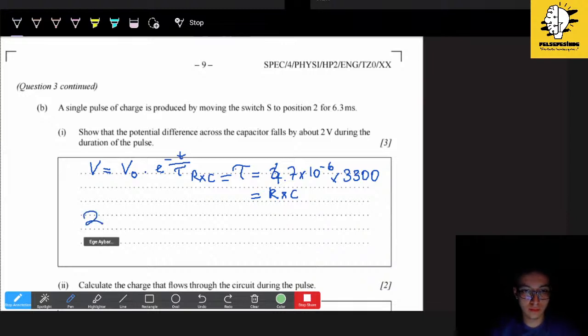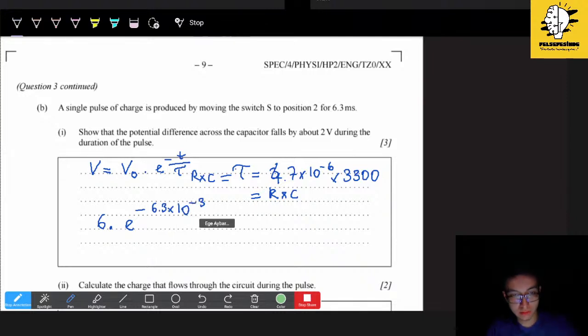This is going to be 2. Sorry. Wait a second, please. All right. 6 times Euler's number to the power of minus 6.3 times 10 to the power minus 3, because it is in milliseconds, over tau.